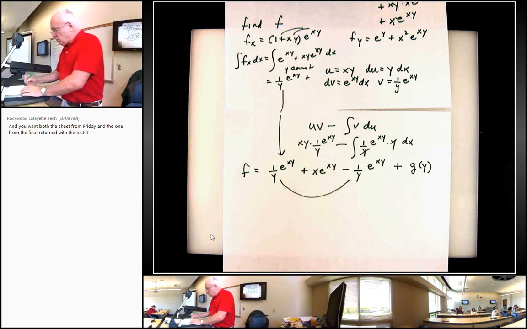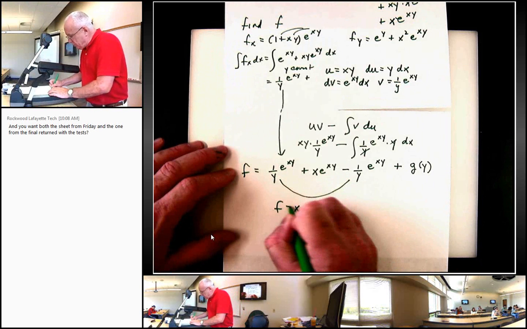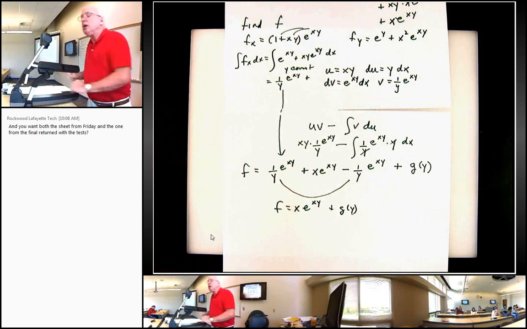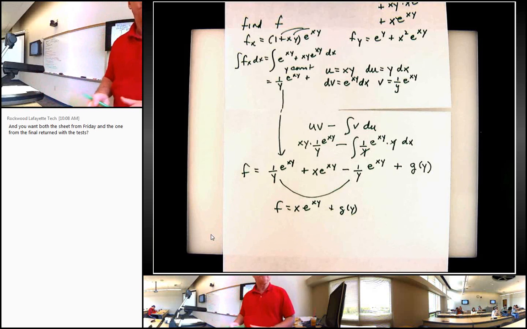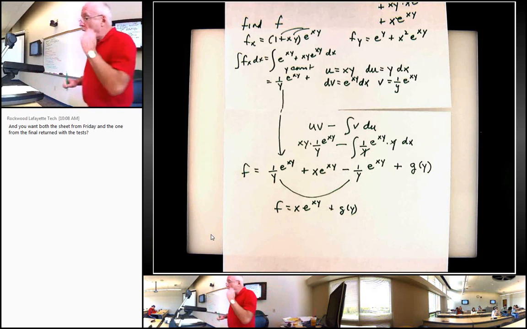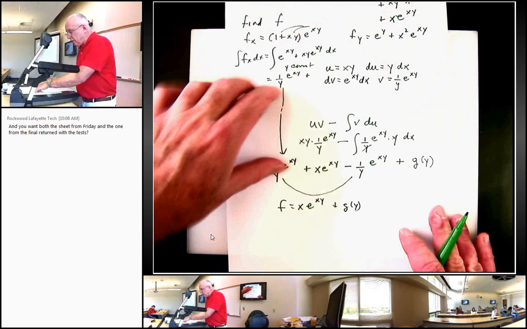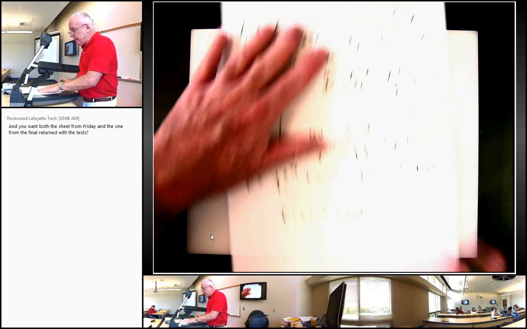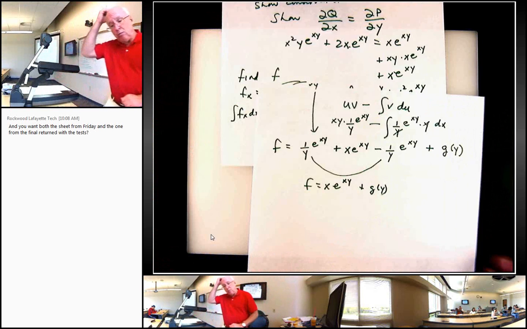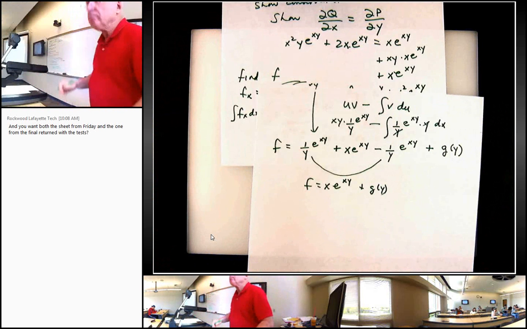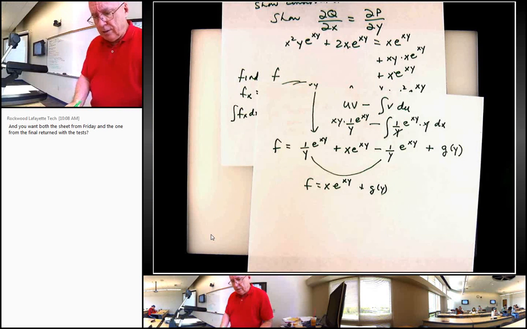So we're left with x e to the xy, plus we could have some other little g of y hanging on. So guys, this is only part of it. The next step is then handling the f sub y and doing the antiderivative of f sub y. All right, I guess that puts us at the end here.